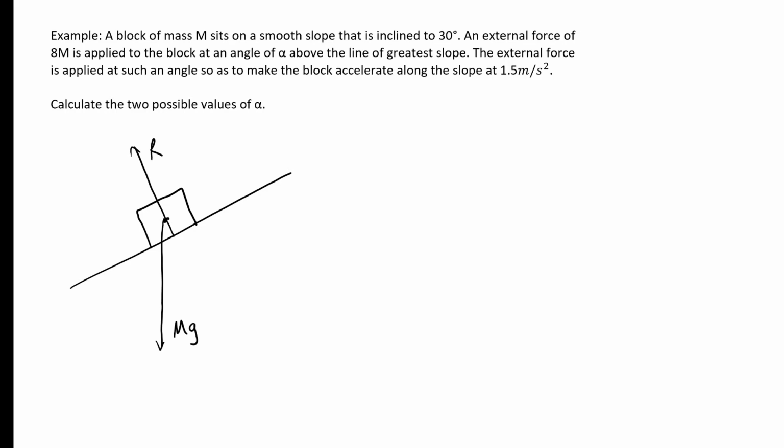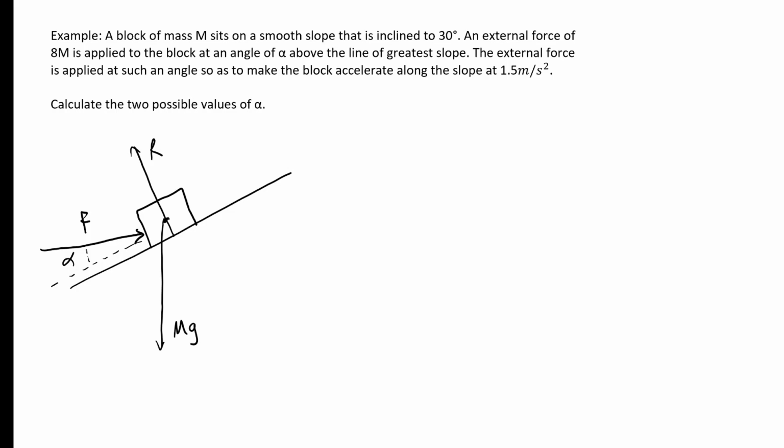Some force is applied at an angle of alpha above the horizontal. So if we call that force F, and then this angle in here, that's alpha degrees above the line of greatest slope.